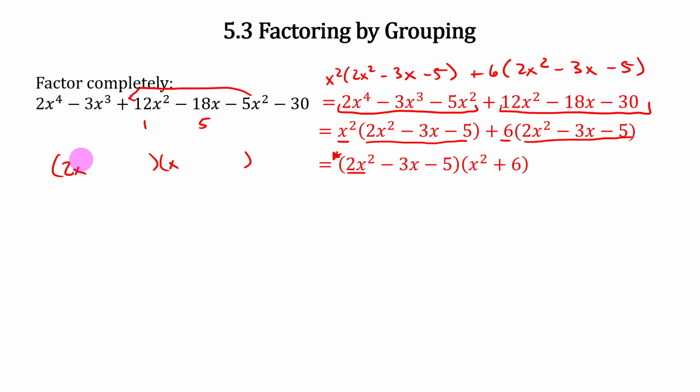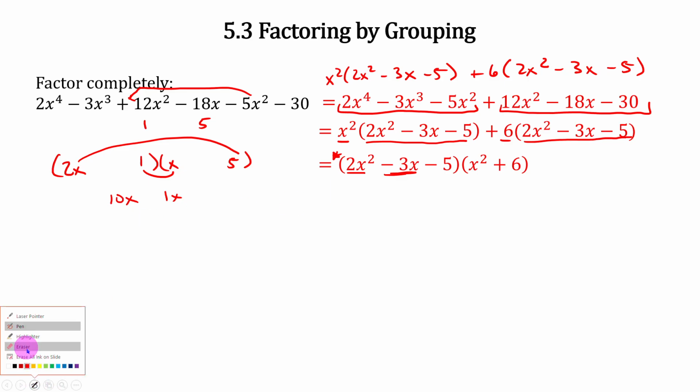So remember, though, I need this times this plus this times this to equal negative 3. Well, if I put 1 here and 5 here, that's going to give me 10x and 1x. I can't get that to negative 3, so let's not do that. It's got to be the other way around.